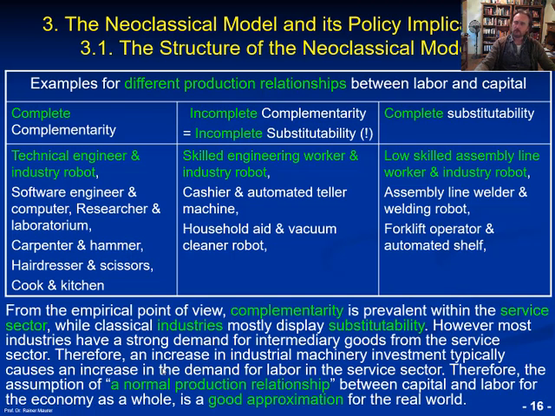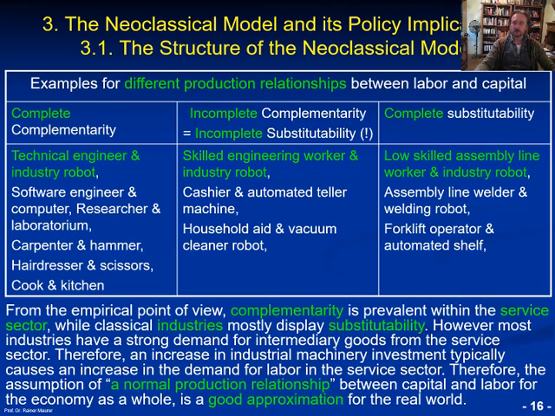From an empirical point of view, complementarity is prevalent within the service sector, while classical industries mostly display substitutability between labor and capital. However, most industries have a strong demand for intermediary goods from the service sector.